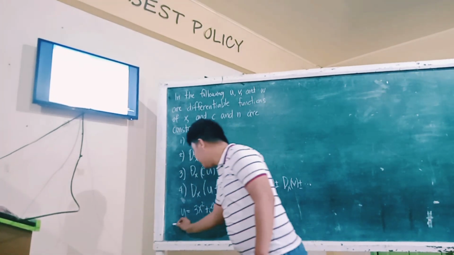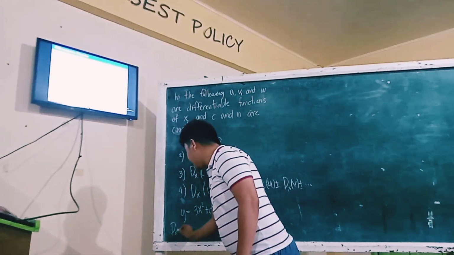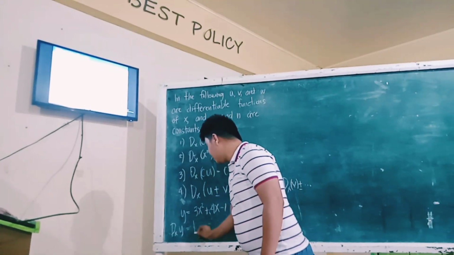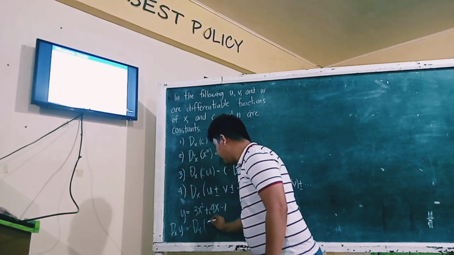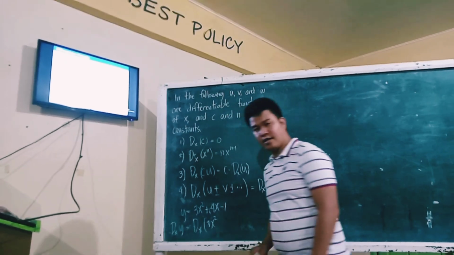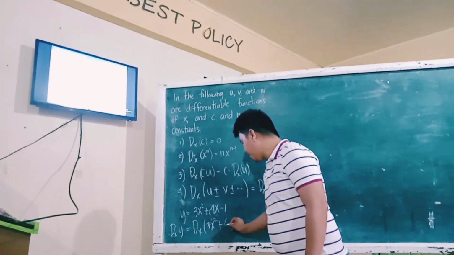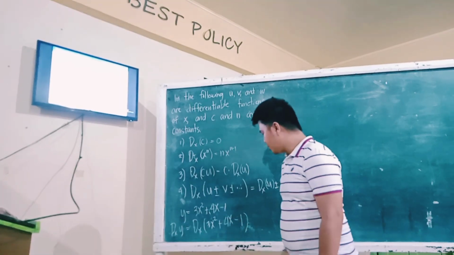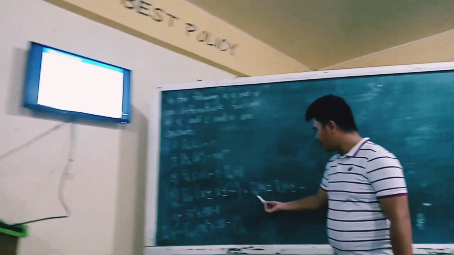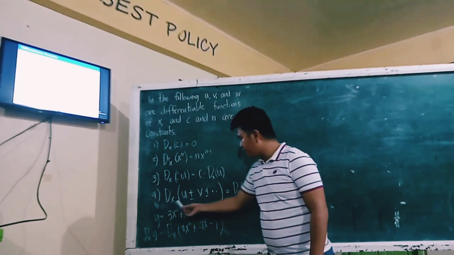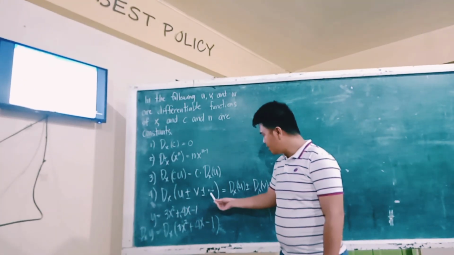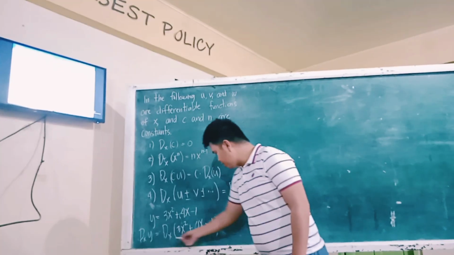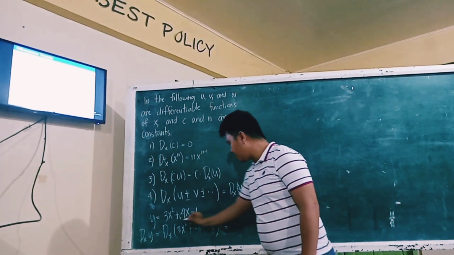We have the derivative of y is equal to the derivative of 3x squared plus 4x minus 1. So in this rule, we can notice that the derivative is just simply distributed on each term. So hence, we can also apply that in this trinomial.